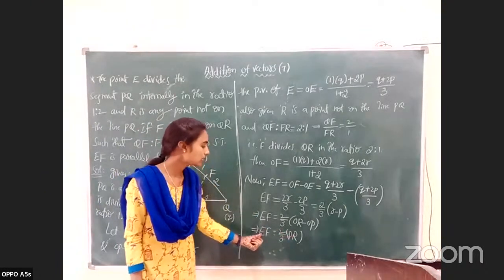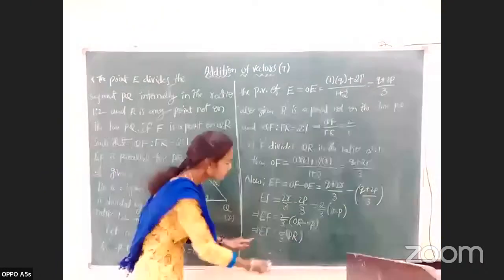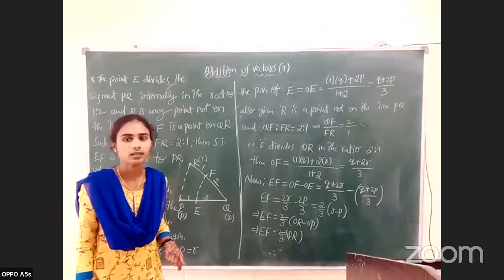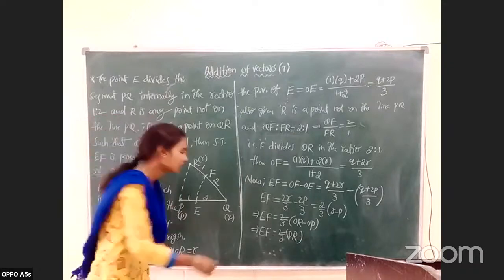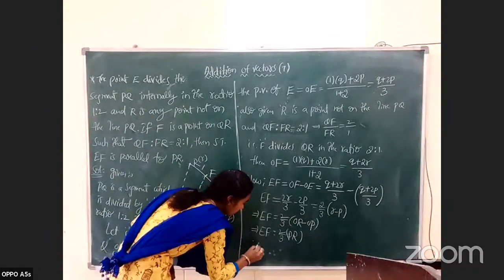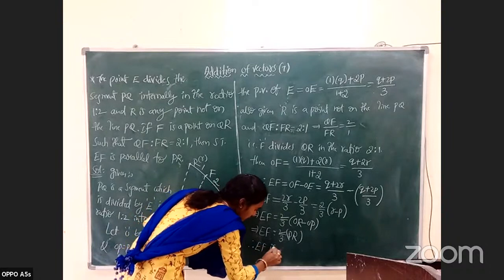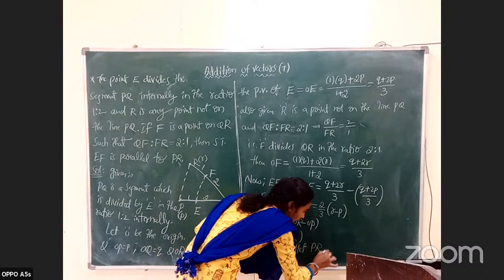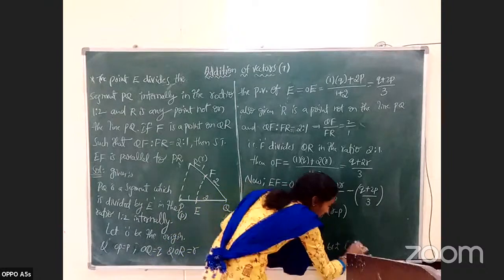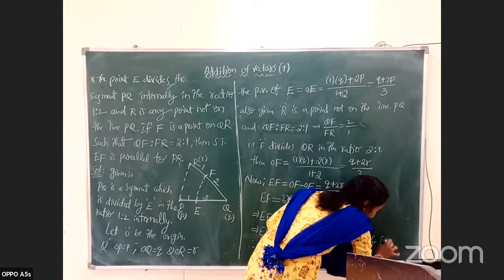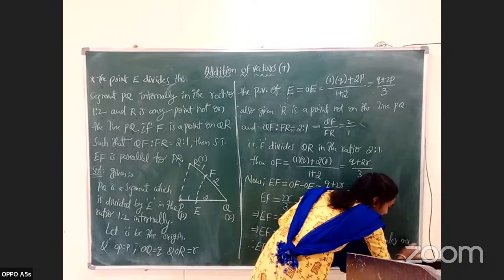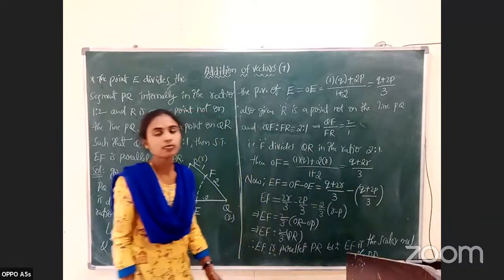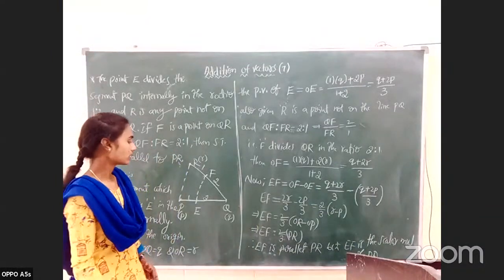If one vector is the scalar multiple of another, then those two are collinear, or those two are parallel. Therefore EF is parallel to PR, because EF is the scalar multiple of PR.